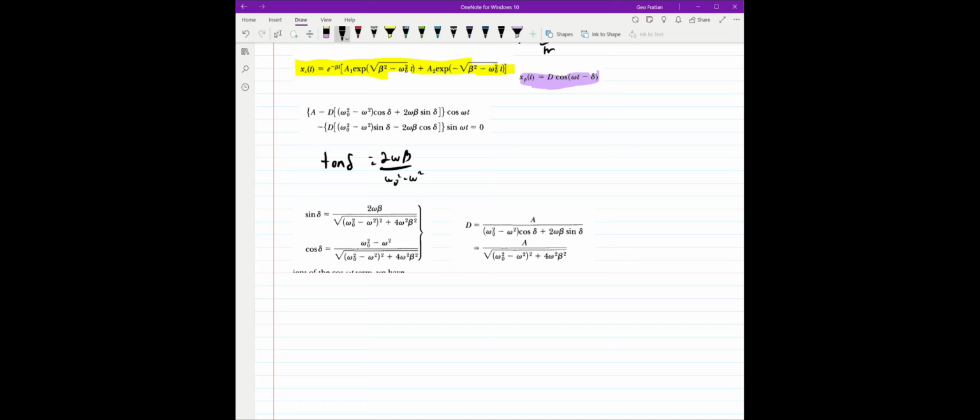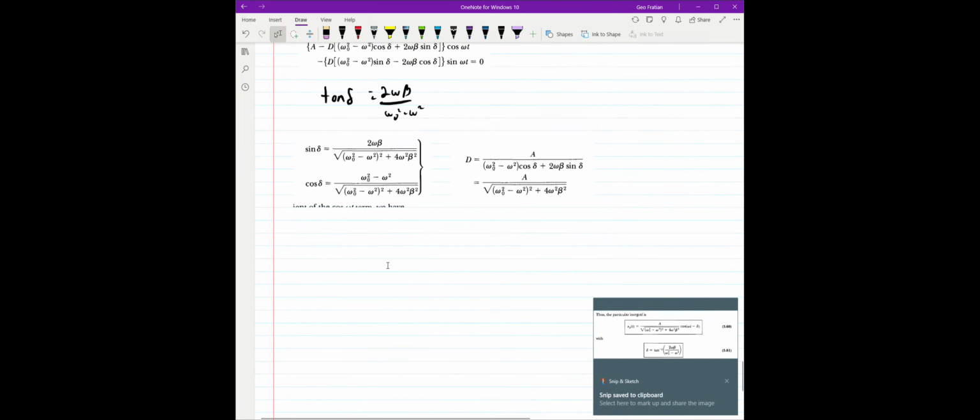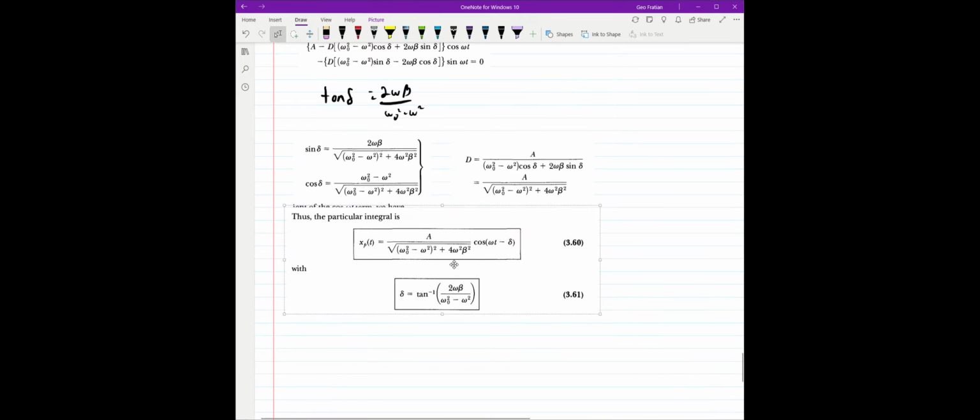Now, that tells us that the particular integral is just our x particular of t, where we plugged in our value for d, because it was d cosine omega t minus delta, and delta is this right here.